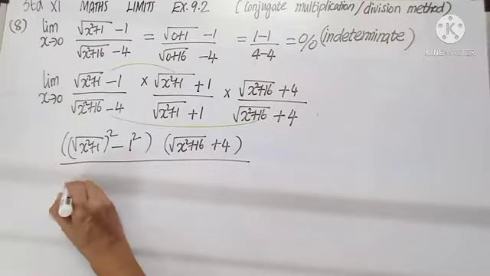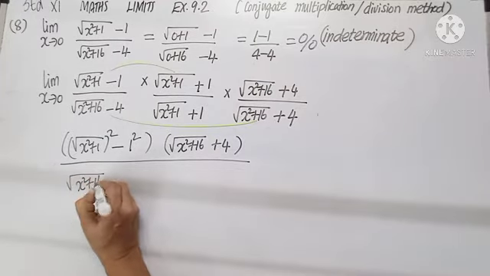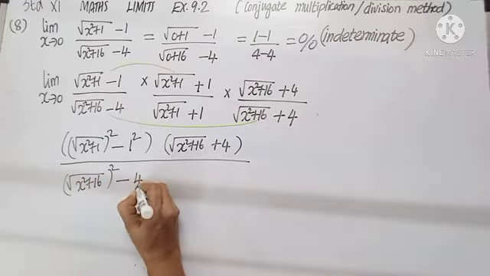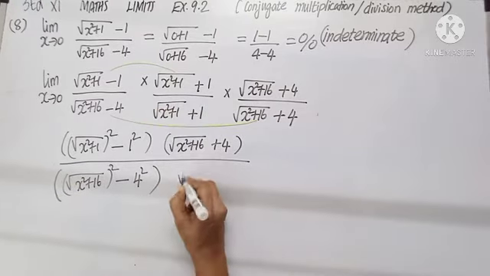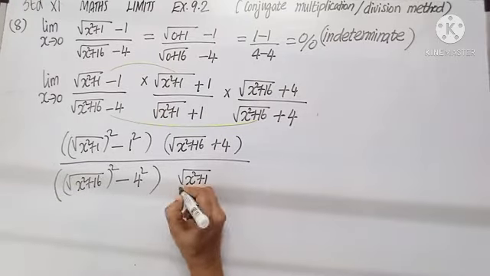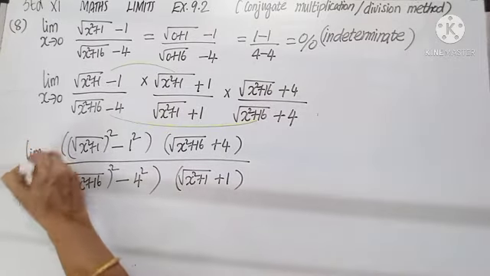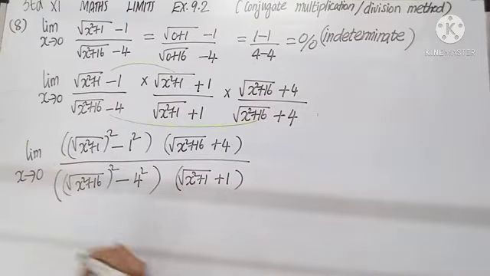So how are we to write it? It is a square minus b square. And once I complete, write the left out term, that is root of x square plus 1 plus 1. And remember to write limit x tends to 0.